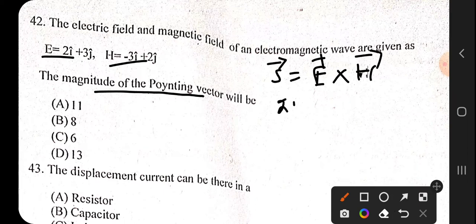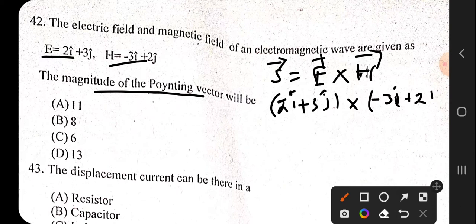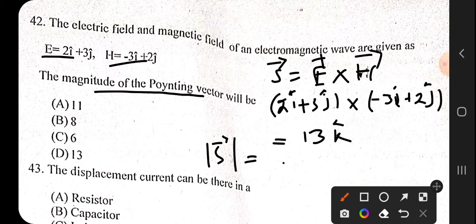This equals 2i cap plus 3j cap, cross product with minus 3j cap plus minus 3i cap plus 2j cap. After solving this we get 13k cap. So the magnitude of the Poynting vector is 13. So option D will be the correct answer.